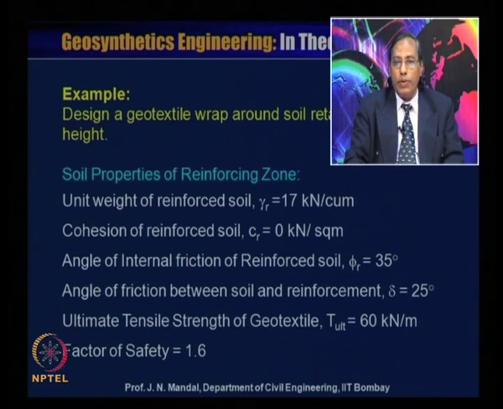Cohesion of reinforced soil CR is 0 kilonewton per square meter. Angle of internal friction of reinforced soil phi r is 35 degree. Angle of friction between soil and reinforcement delta is 25 degree. Ultimate tensile strength of geotextile T ultimate is 60 kilonewton per meter, and factor of safety is equal to 1.6.